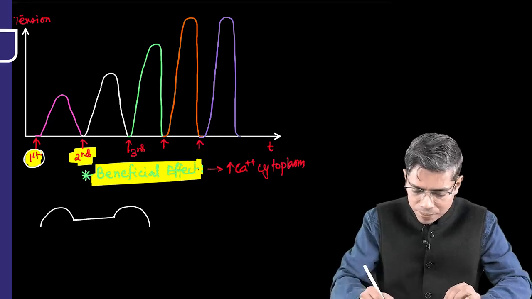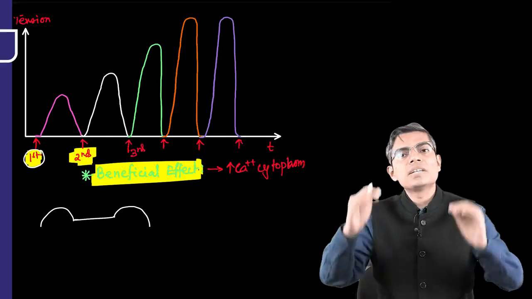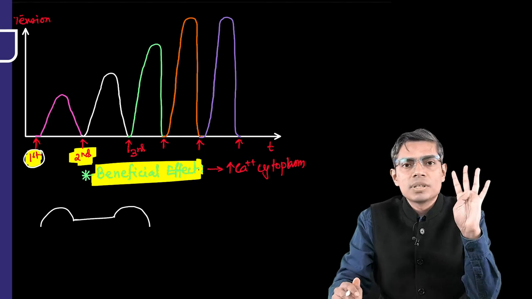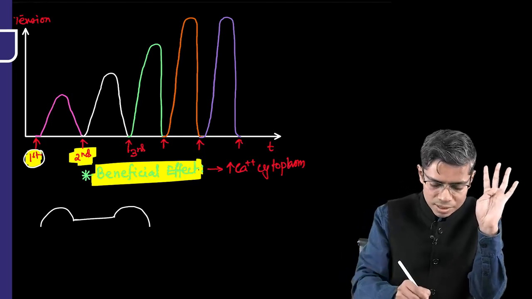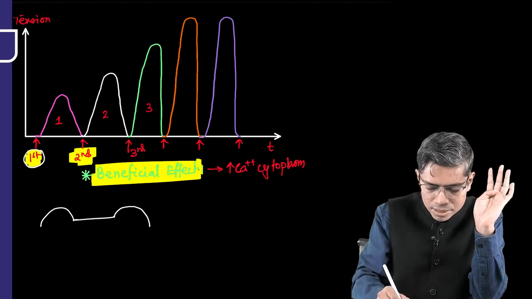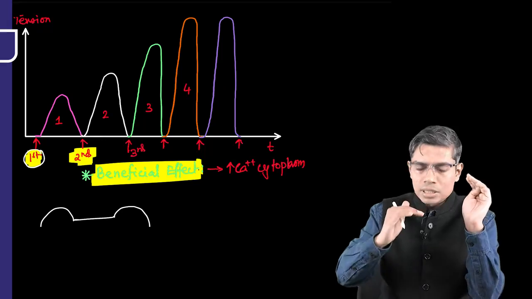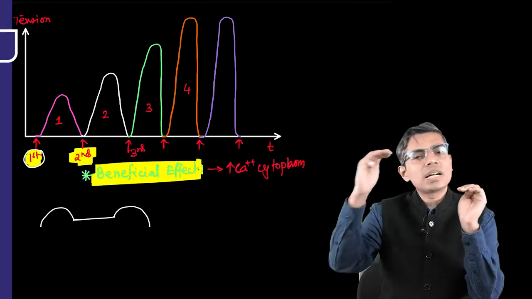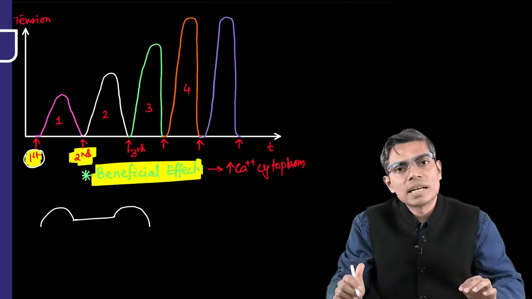That means if I ask you how long this increased height will continue to rise, the answer is only up to 4 times that of the first one. So you can understand here: this is the first simple muscle twitch, this is second, this is third, and this is fourth. Continuous height increment goes on up to the fourth one. After that, no further increment of height is possible.